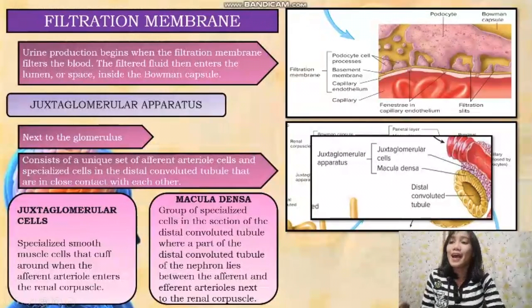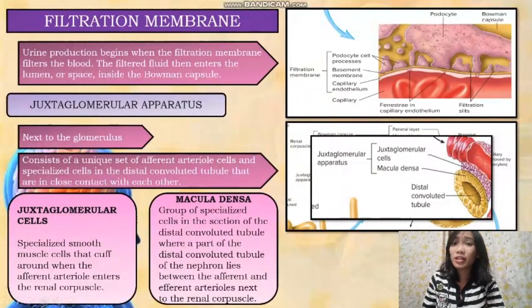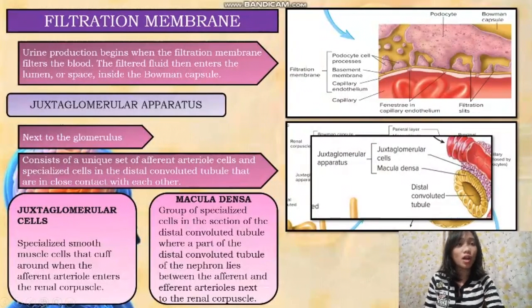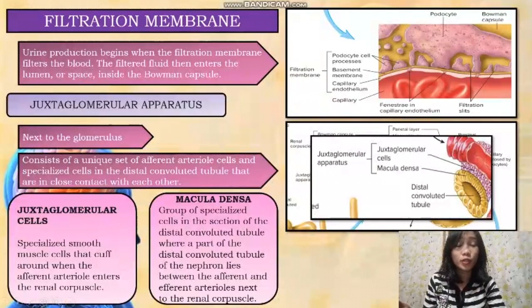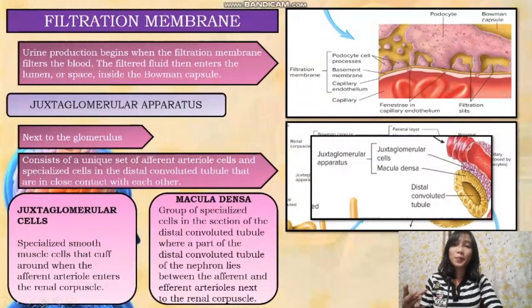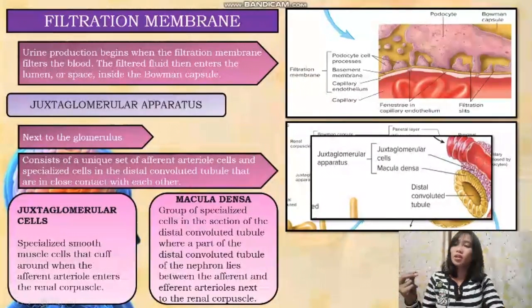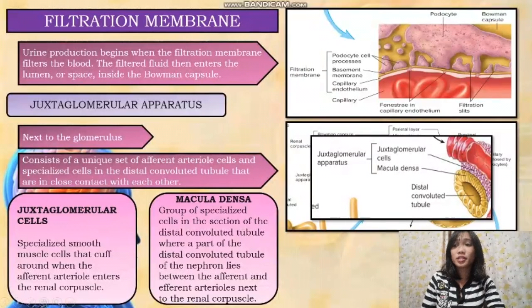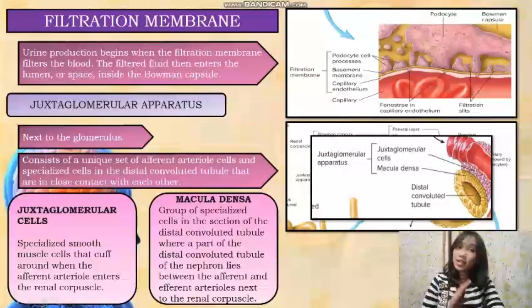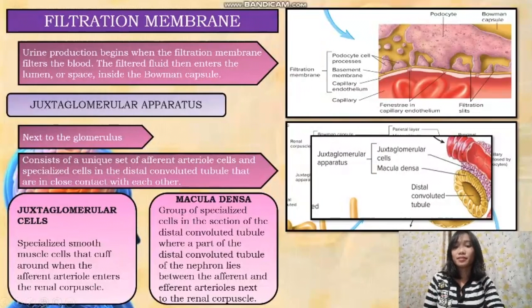As for the macula densa here, it is a group of specialized cells in the section of the distal convoluted tubule, where a part of the distal convoluted tubule of the nephron lies between the afferent and the efferent arterioles next to the renal corpuscle.